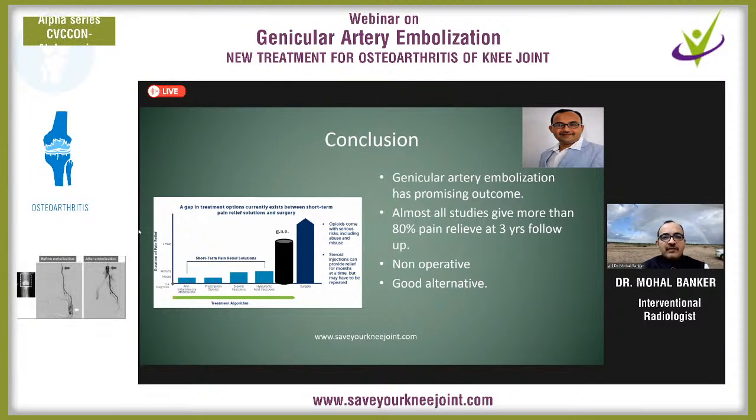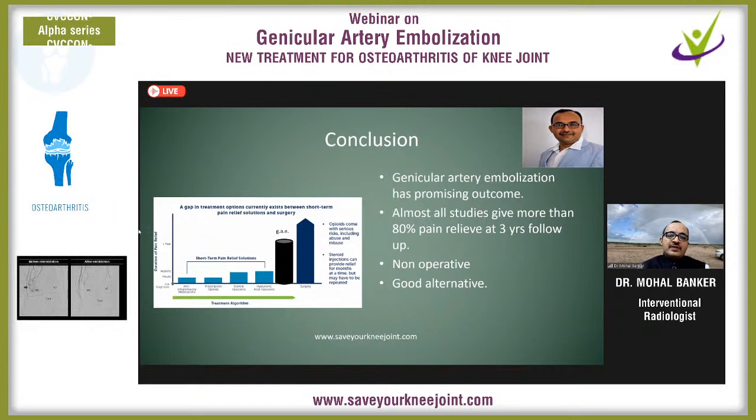Previously there was no option available between non-operative and operative treatment, but with the promising results of genicular artery embolization, it has given a good alternative to operative treatment. And particularly, genicular artery embolization treats the root cause of osteoarthritis of the knee joint. So it is going to be very beneficial to all the patients.